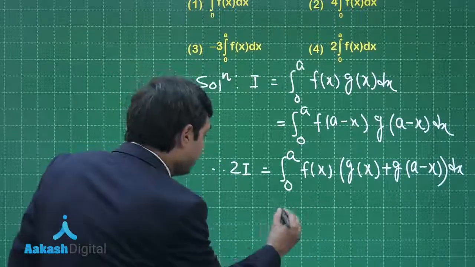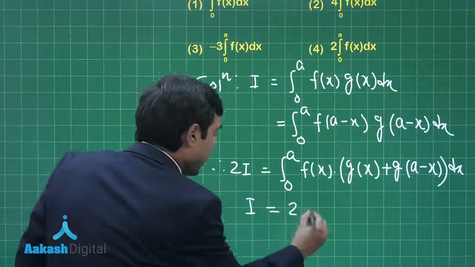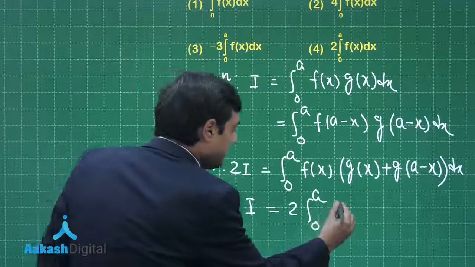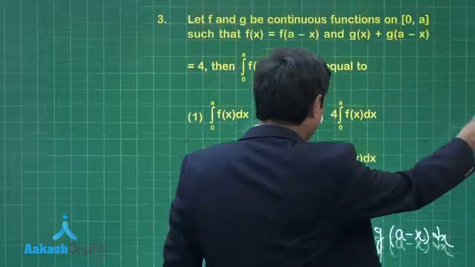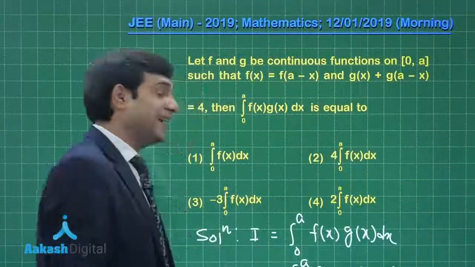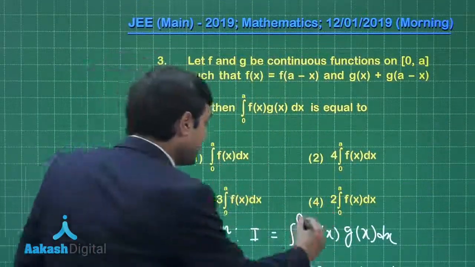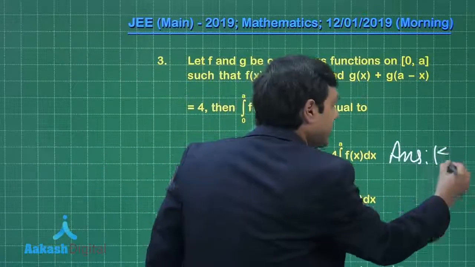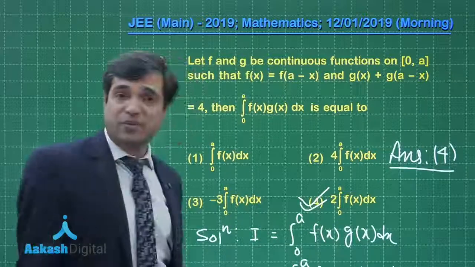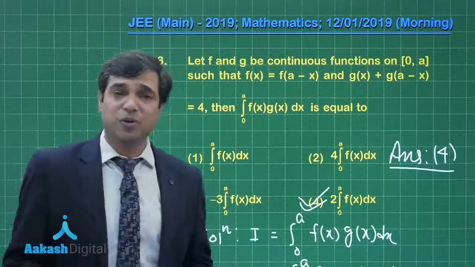So you are left here with I equals 2 times integral 0 to a of f(x) dx. So let us see the correct option, 2 times integral 0 to a of f(x) dx, that is option number 4. So let us mark and mention it as the correct answer. I am sure this question is clear. Let us move on to the fourth question of this paper.